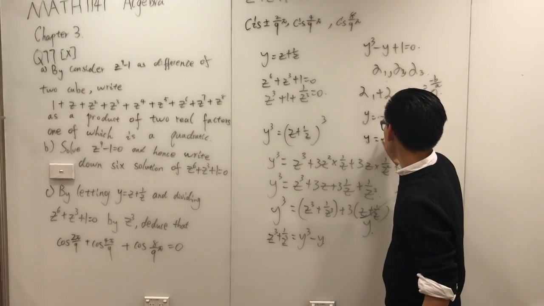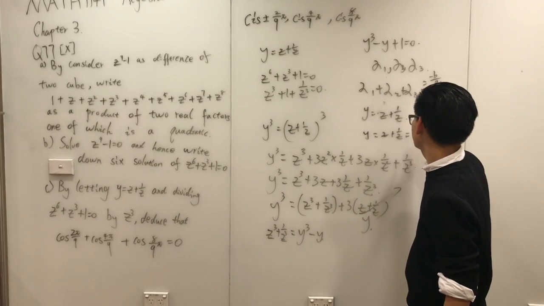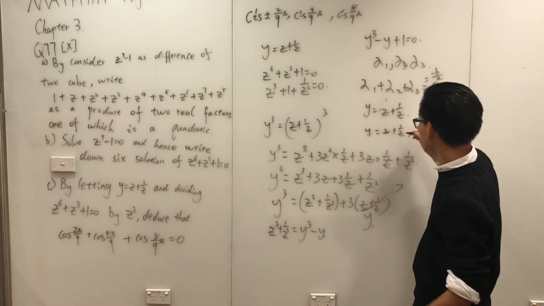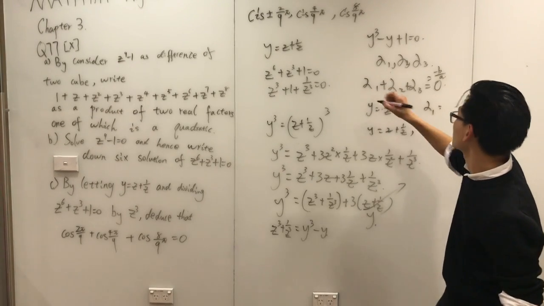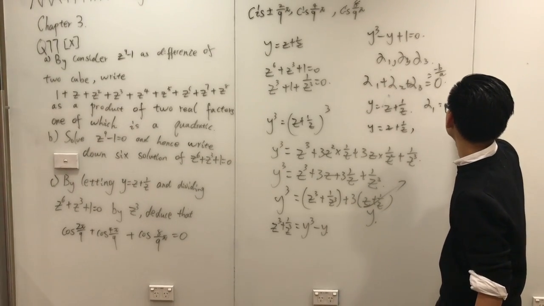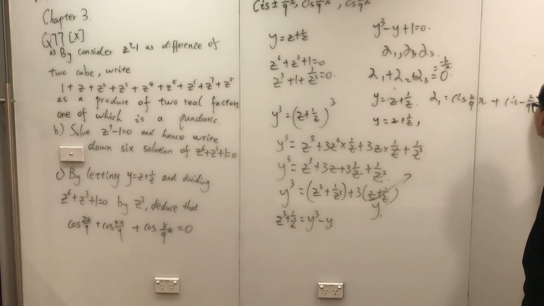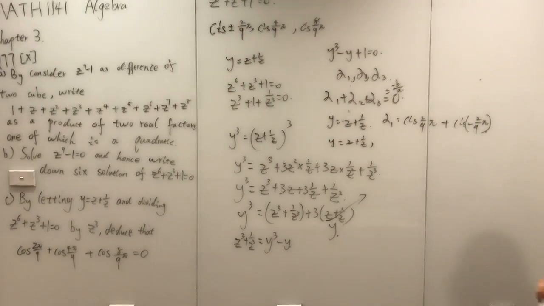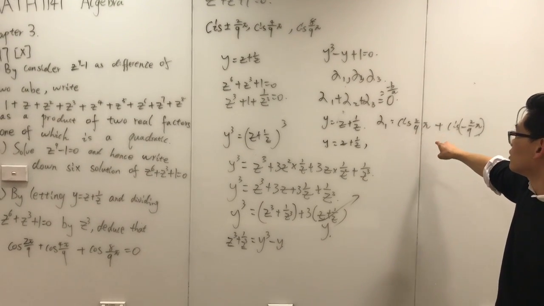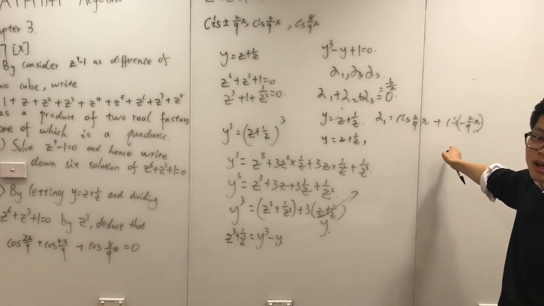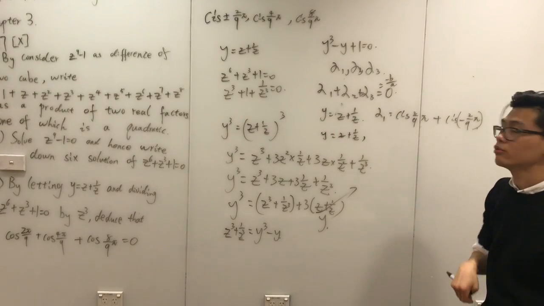Now y equals z plus 1 over z. So the 3 roots, alpha 1, should be... Why? Because if we choose z equals cos 2π/9 plus i sin 2π/9, then 1 over z will be the conjugate with negative 2π/9. If we choose the other as z, then 1 over z is the first one. It's just the same thing.